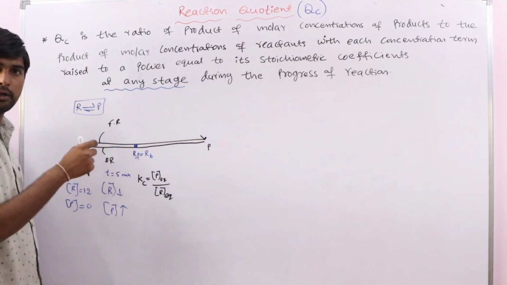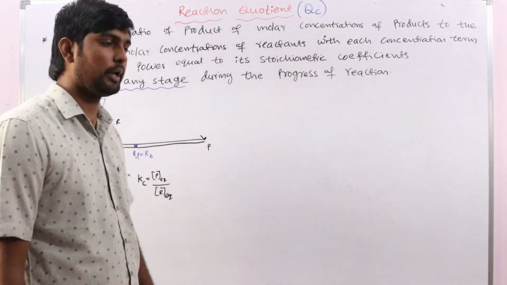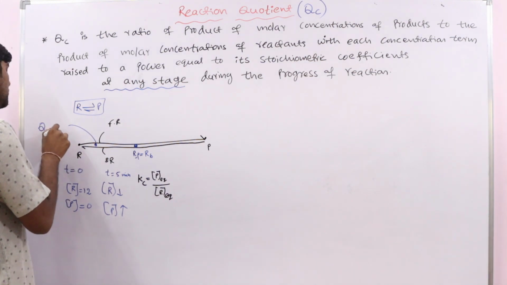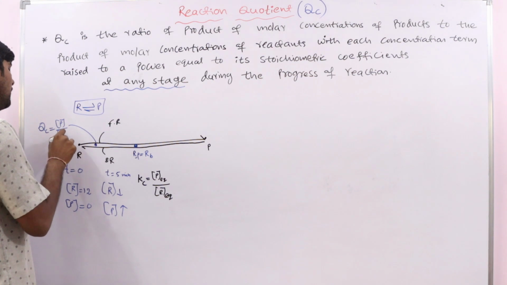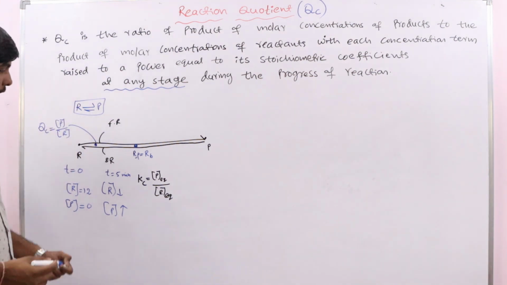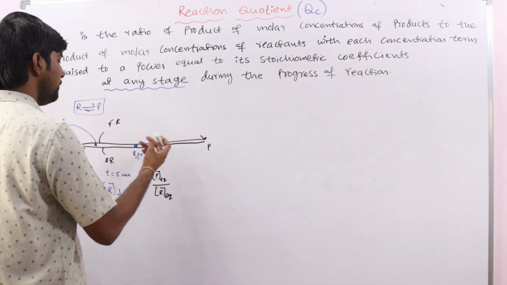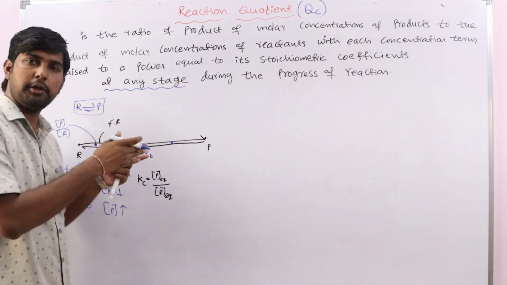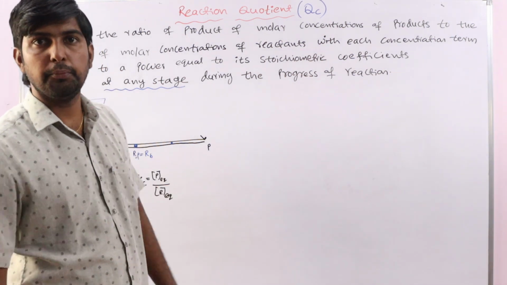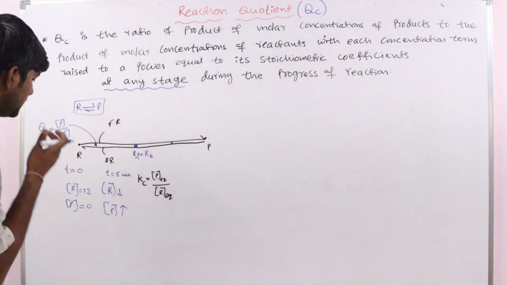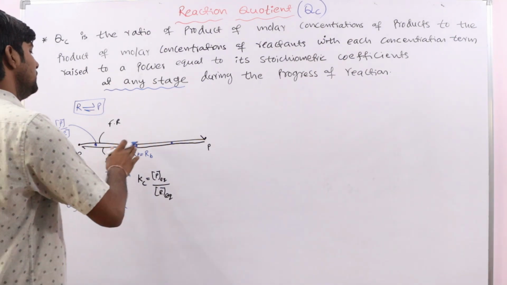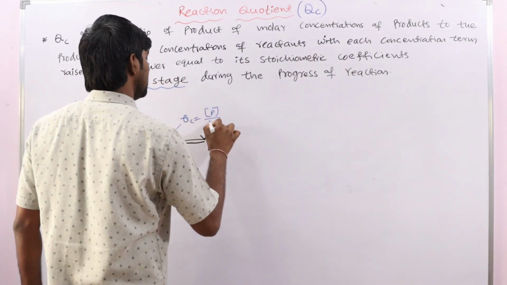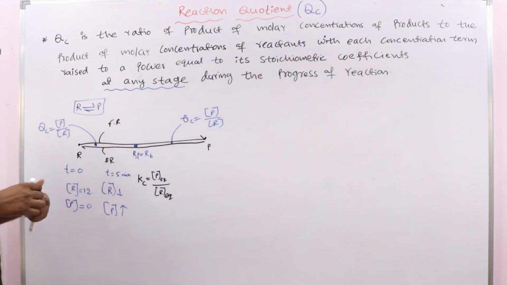Here, if you want to calculate the ratio of product to reactant, we use Q. Qc is equal to the concentration of product divided by the concentration of reactant. Understood? At every position the ratio of product concentration to reactant concentration is different, and you can calculate it at any of them.